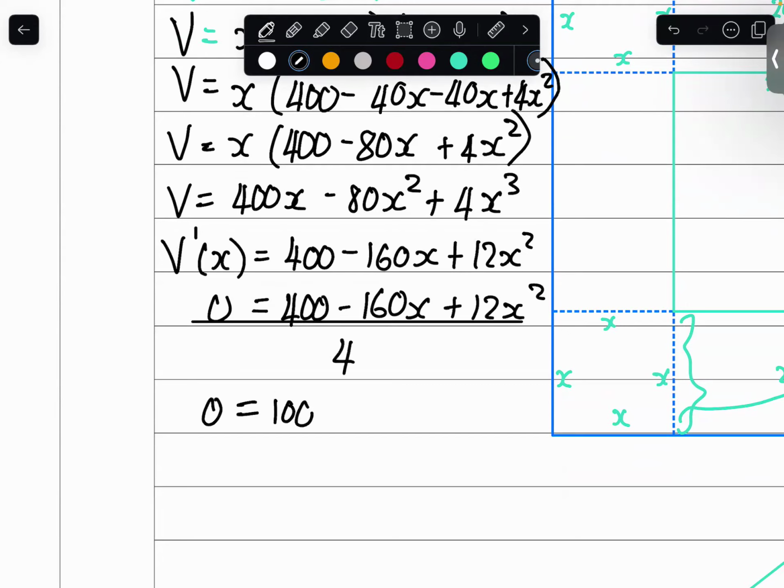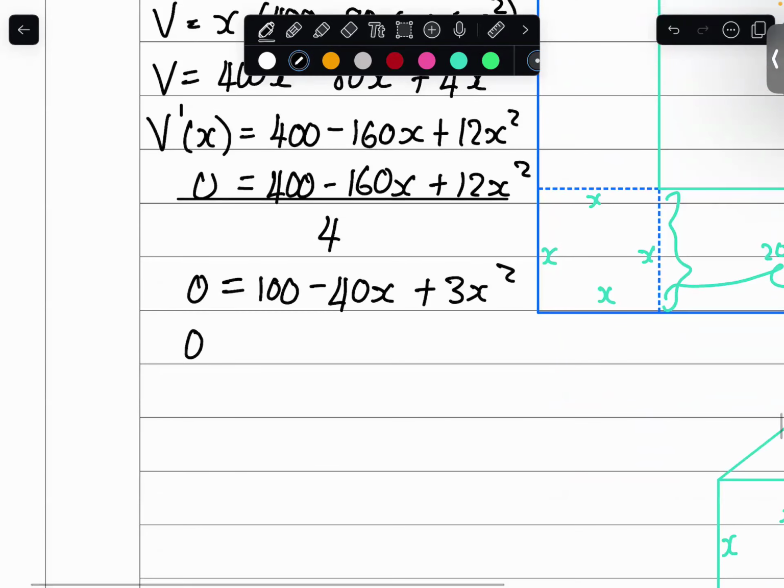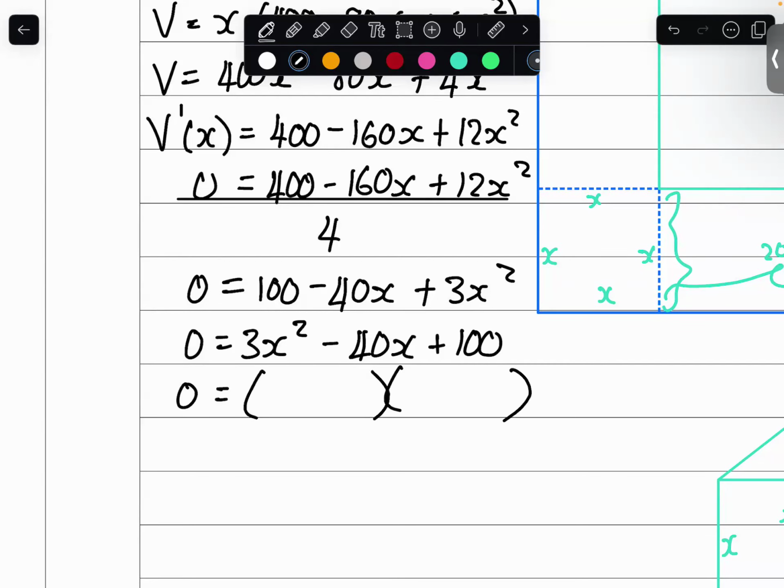That's 100, that is 40, and that's 3x squared. Right. We can rewrite this way. And then we're going to factorize this to give us our dimension. So this is 3x and x and 10 and 10, minus and minus. x is equal to 10 over 3, or x is equal to 10.